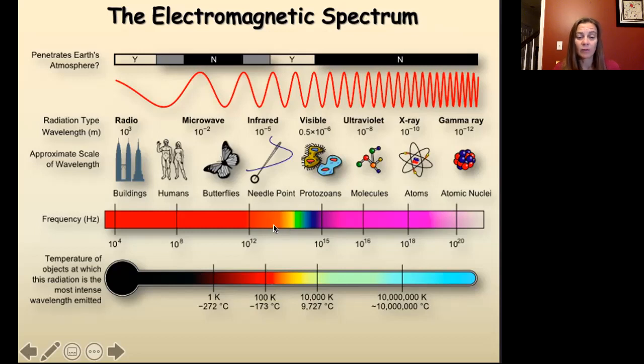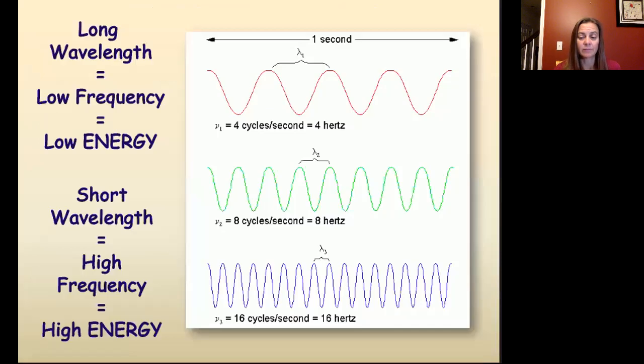Rainbow order, red, orange, yellow, green, blue, violet, is increasing energy. So red is our lowest energy wavelengths of the visible light spectrum. Purple is our highest energy waves of our visible light spectrum.